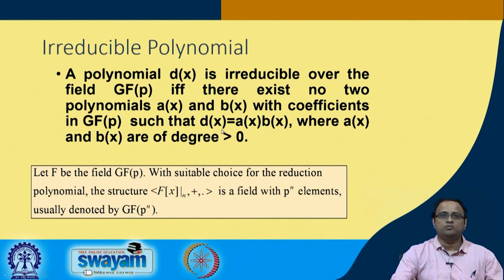So, an irreducible polynomial d(x) is irreducible over the field, say GF(p) or Galois field p, if and only if there exist no two polynomials a(x) and b(x) with coefficients in GF(p) such that the product of a(x) and b(x) is equal to d(x). That means d(x) factorizes into a(x) and b(x), where a(x) and b(x) are of degrees greater than 0. That means I do not get any non-trivial factors of d(x).